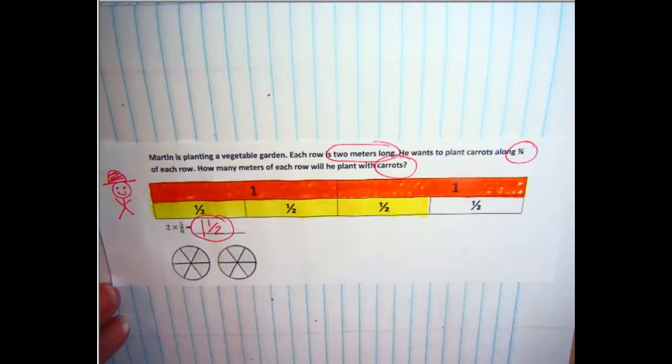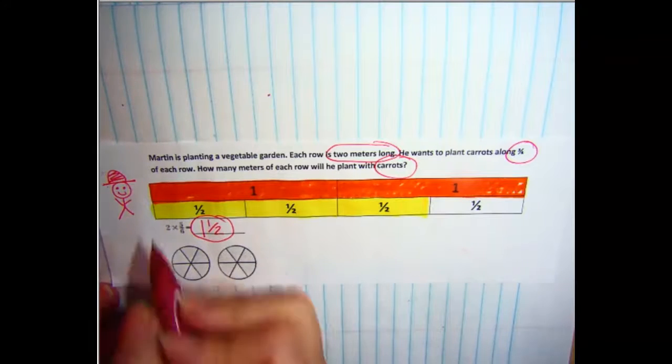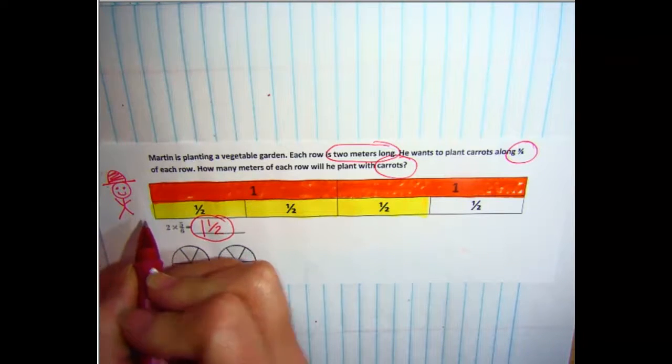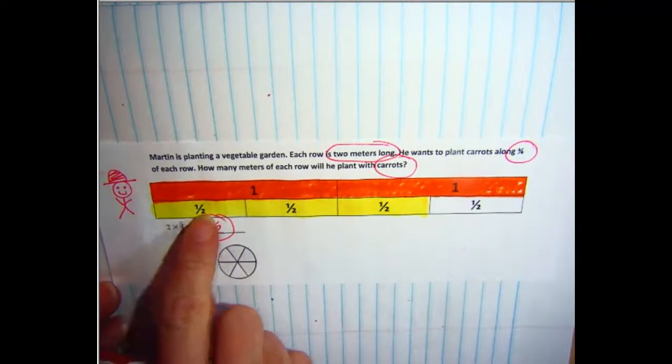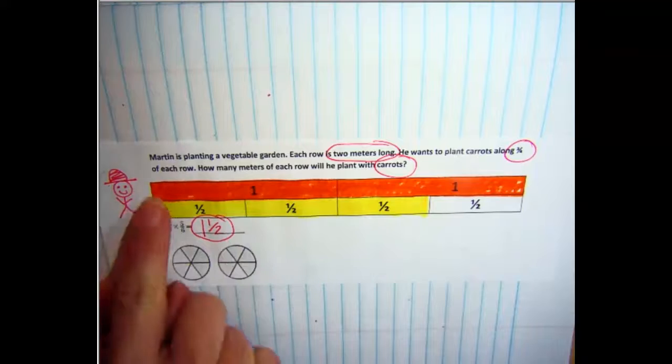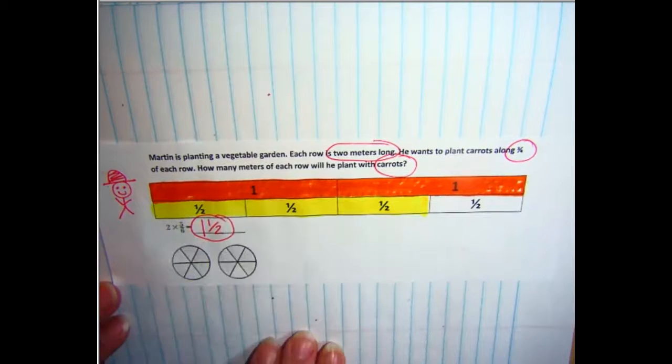Some of you are really good at getting to the 1 1/2, but you don't know what the different parts of it are. And when we start mixing up multiplying and dividing fractions, you need to be able to make sense of the word problem. Does this make sense? Yes. Okay, so the reason they chose 1/2 tiles was because that's what they created when they split these 2 wholes into 4 sections.